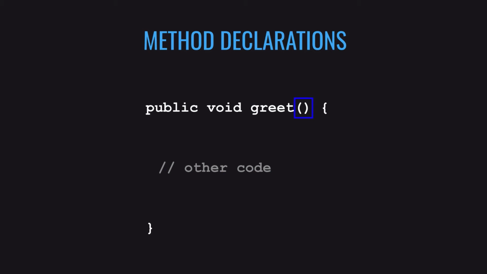Now if you just see parentheses on their own with nothing in them, then that actually means, quite logically, there are no inputs to this particular method. So here this method called greet doesn't take any inputs. In other words, it doesn't need to have any values passed to it to be able to do its job. The reason is that, for example, you can imagine it would just display hello world on the screen, and if it just displays hello world on the screen, it doesn't need to have an input.